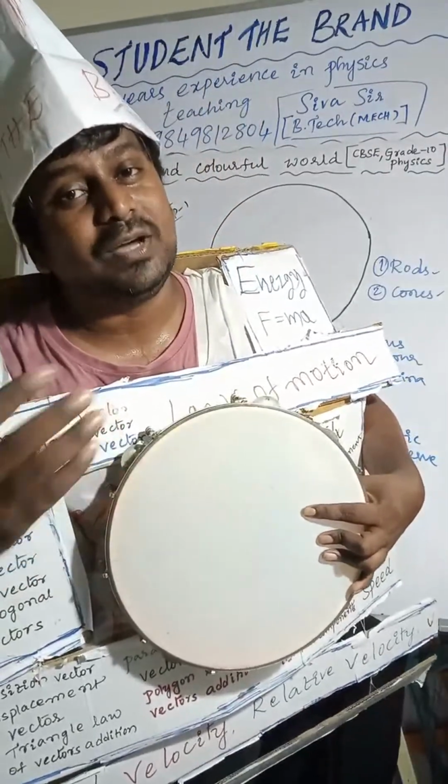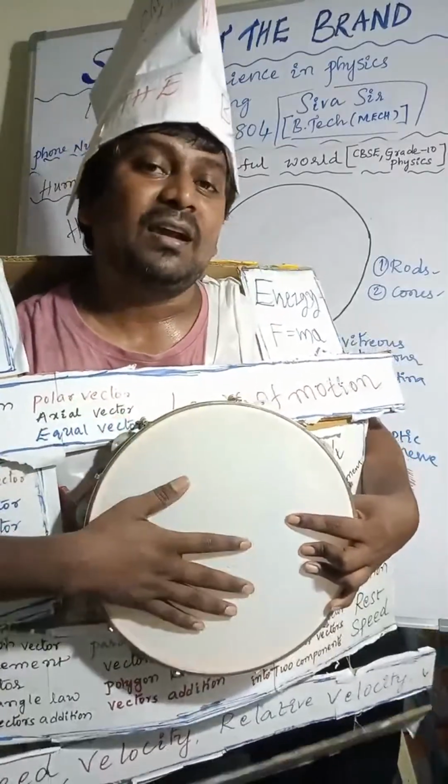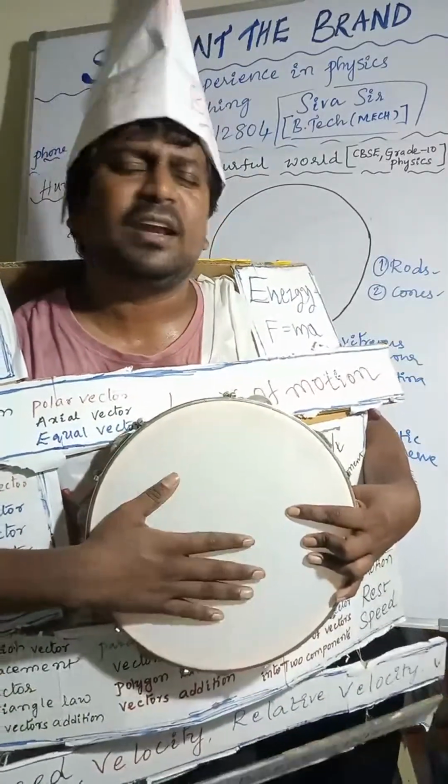Ability of the eyelens to adjust its focal length is called power of accommodation. Simple definition: ability of the eyelens to adjust its focal length is called power of accommodation.